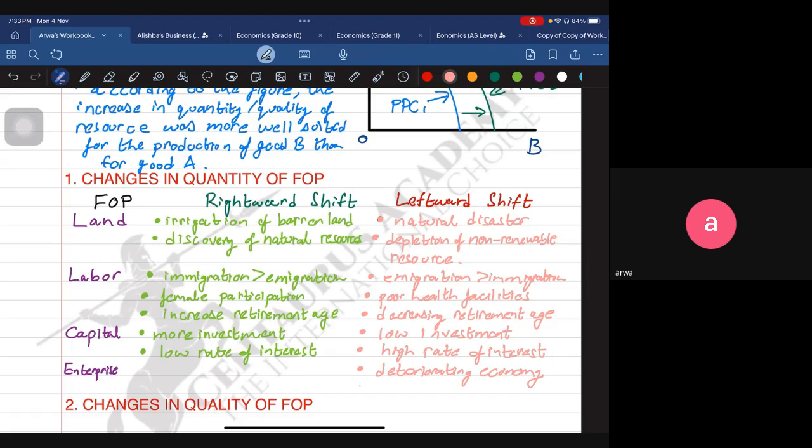So we can say lack of government support. Whereas if there is a government which is supporting the startups, that will cause a rightward shift.